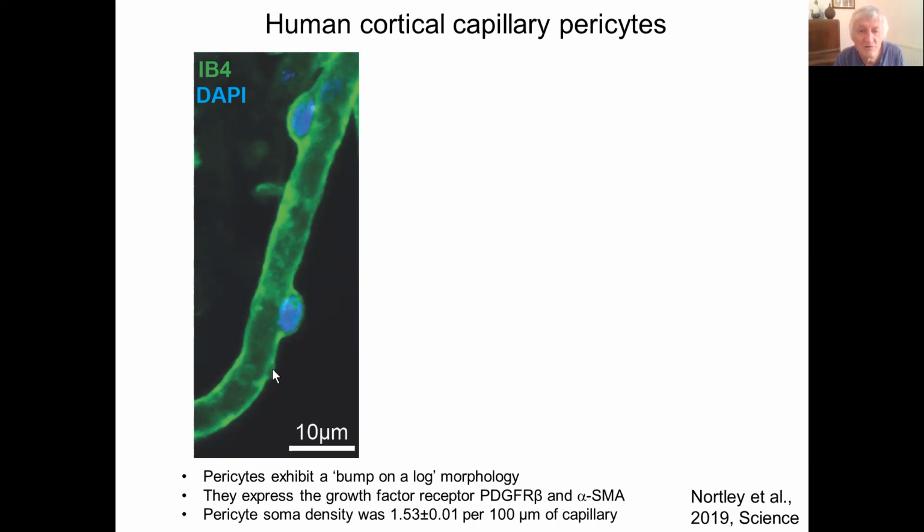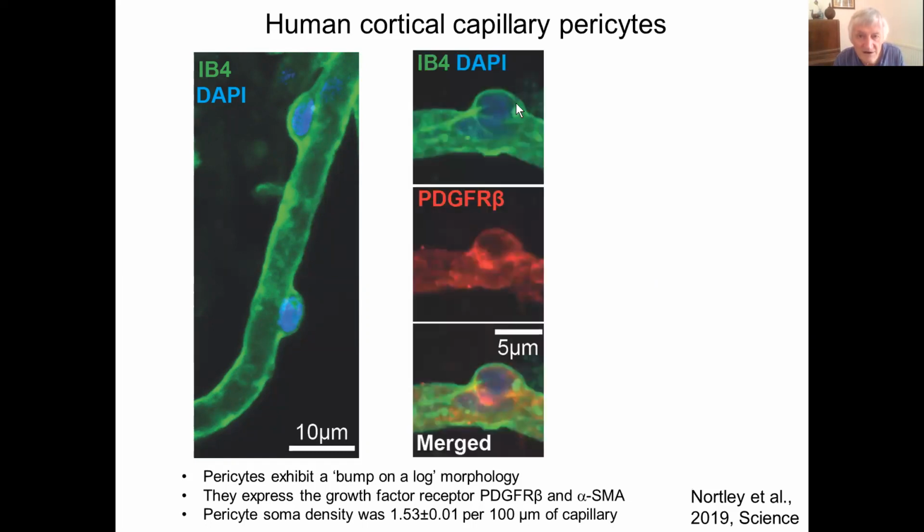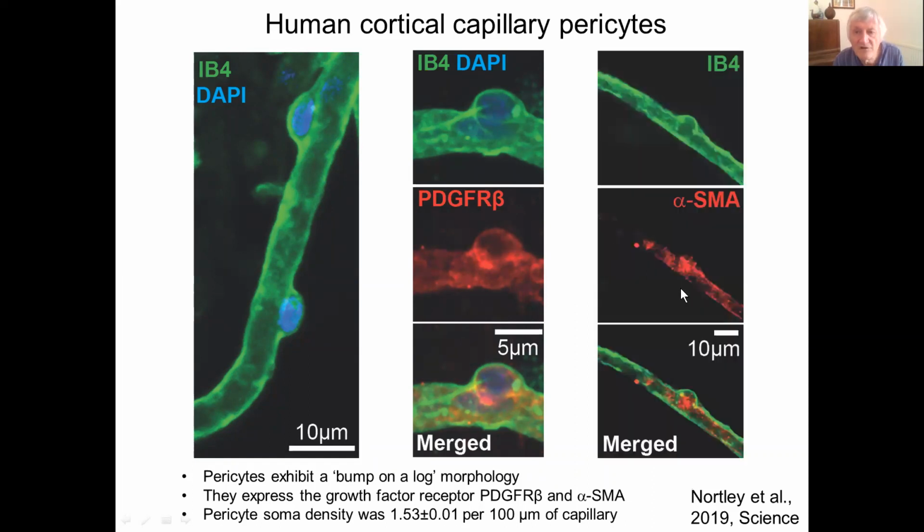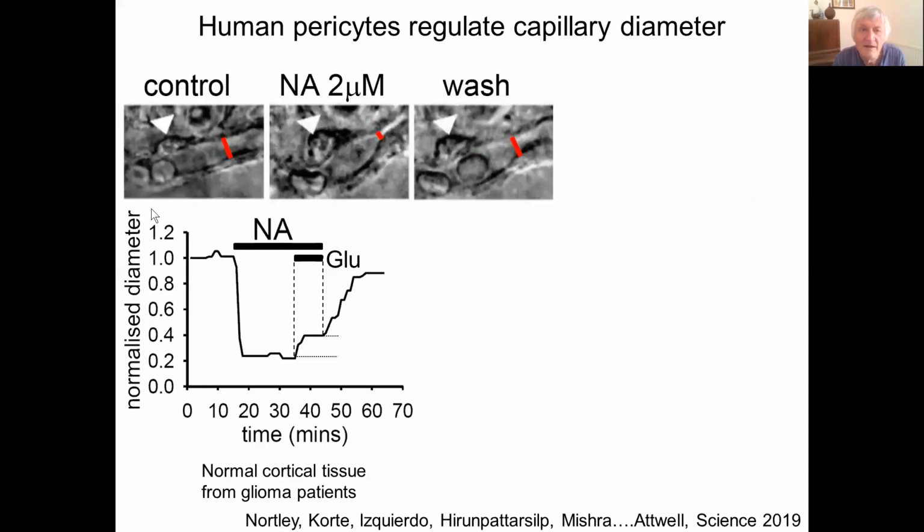This is a piece of human brain. You can see the pericytes on it here. They label for PDGFR beta, a classic pericyte marker, and they also label for alpha smooth muscle actin, which is one of the contractile proteins which produces the constrictions I'm going to show you, at least we assume it is. And if you look at these blood vessels, this is now a live, that was histology, but this is a live human brain slice.